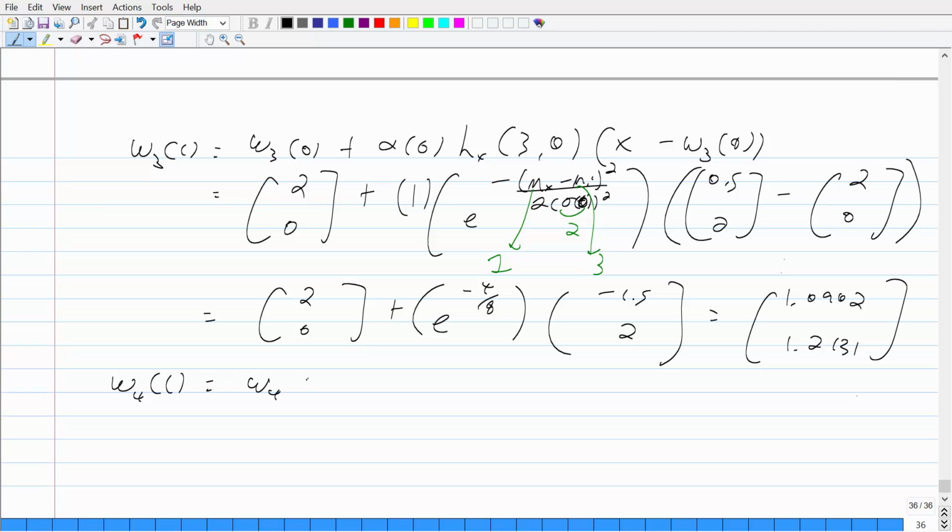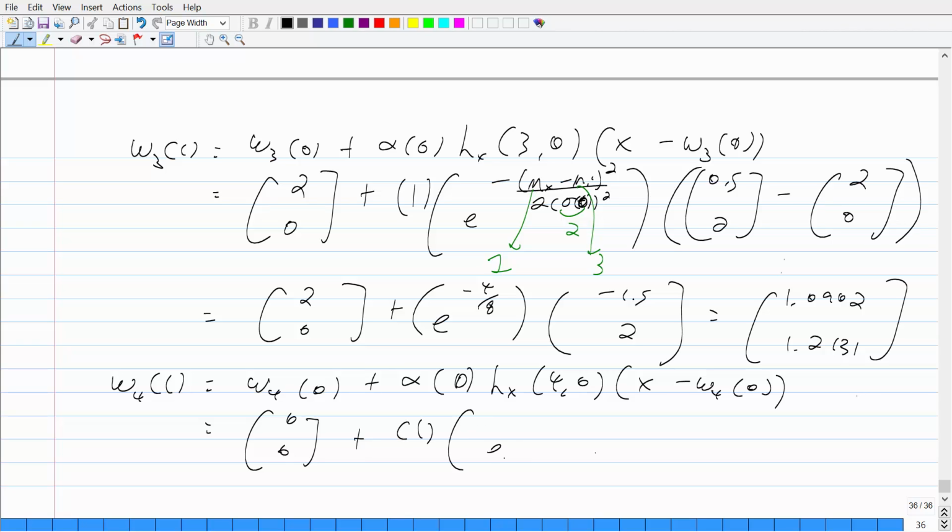Okay? Finally, you're going to do this for the last one. So this one was simply 0, 0, okay, plus, and then we have 0. This is 1, and then we have e to the power, and x minus ni. Okay, and this becomes x is 0.5 and 2, and you're just subtracting with 0 and 0, which doesn't do anything at all.